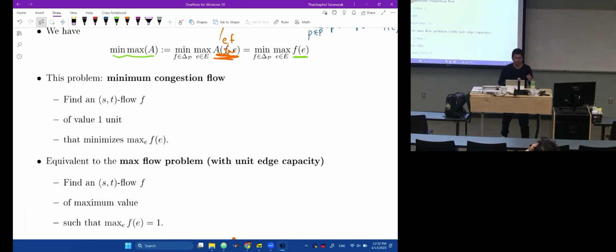So you see that this is really symmetric. Here you cap the value of the flow to be 1 and then try to minimize the maximum congestion. Here you cap the congestion to be 1, and then maximize the value.